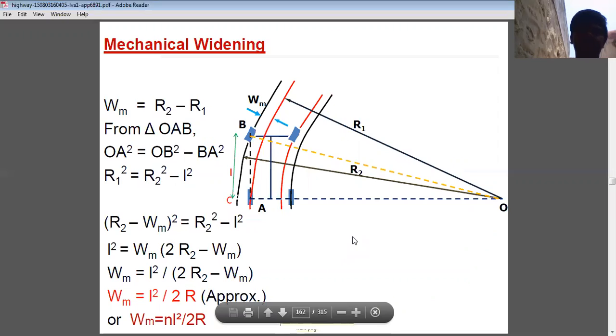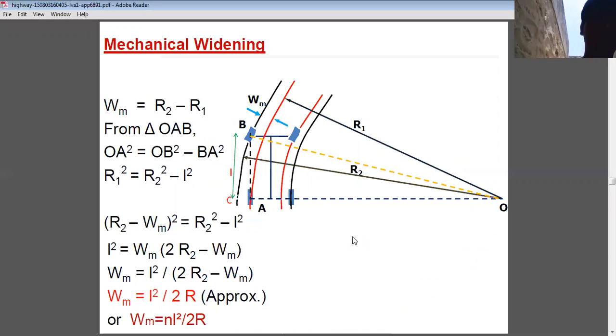Mechanical widening: in the diagram, it is given as R2 minus R1, where R1 and R2 are the radii of the curve. OAB is a triangle. OA square is equal to OB square minus BA square, that is R1 square equals R2 square minus L square.